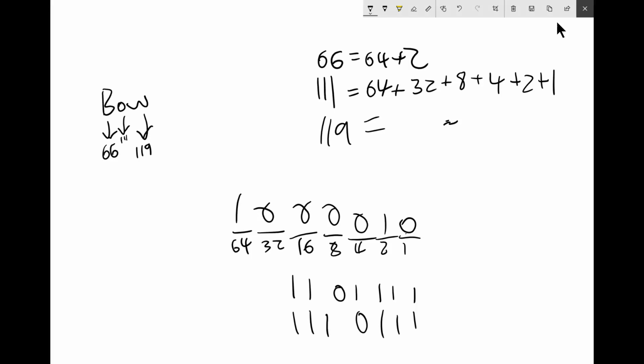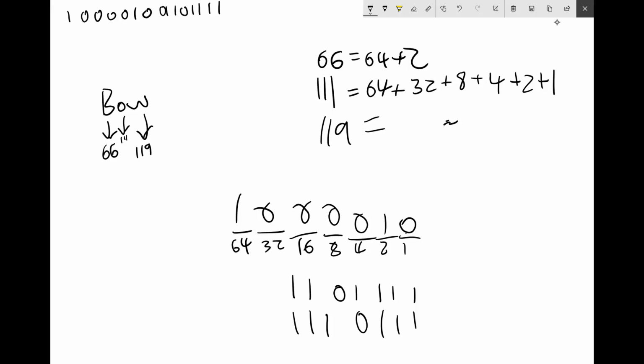So now we have the three ASCII values. B is 1000010, and O is 1101111. And we'll just add zeros in front of them to convert them into 8-bit form.